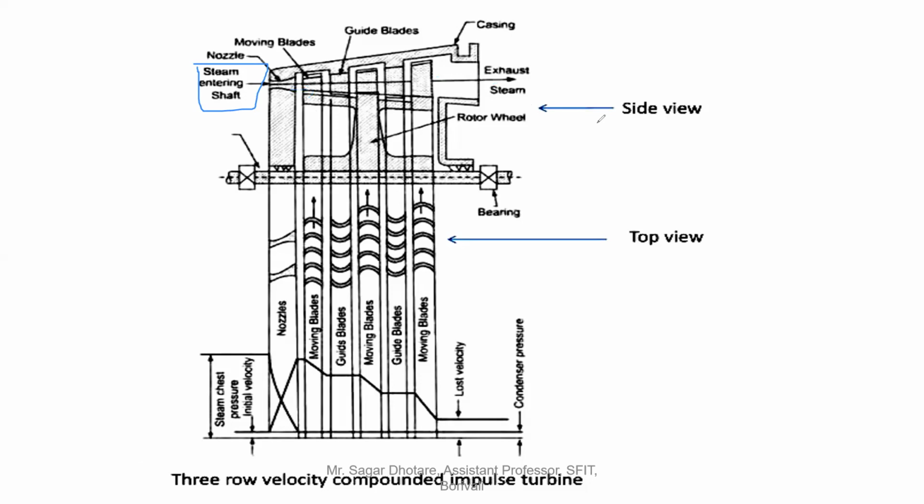I hope you will understand the process, how the pressure and velocity get maintained. Here the velocity reduces with each set. When steam is in contact with the moving blade, then only the velocity drops.